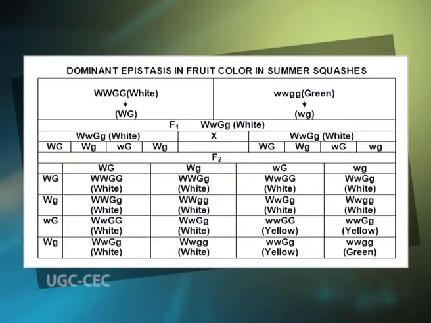The F1 plants were self pollinated among themselves. The offsprings resulted in the ratio 12 white, 3 yellow and 1 green in F2.